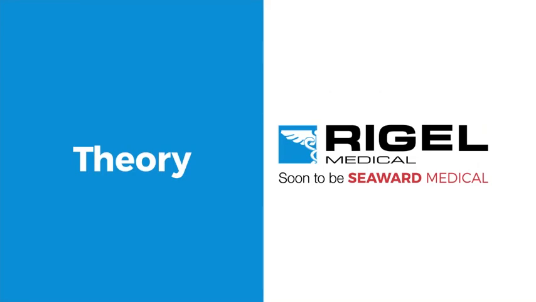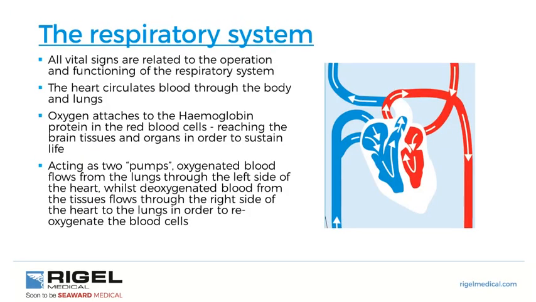So a little bit on the theory. The respiratory system, all vital signs are related to the operation and functioning of the respiratory system. So the heart circulates blood through the body and the lungs. Oxygen attaches to hemoglobin protein in the red blood cells, reaching the brain tissues and organ tissues in order to sustain life.